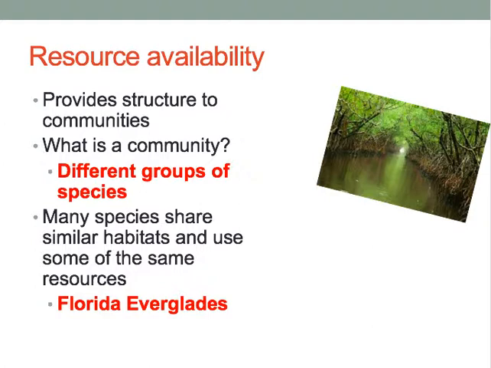All of these are a community. They're living together in different groups of species. Versus a population, remember, is a group of species that interacts together in an environment. So a population or a community is many species sharing similar habitats and using the same resources.